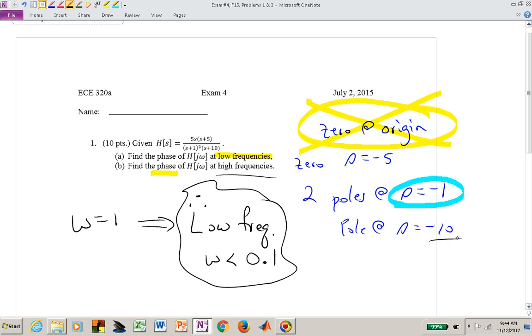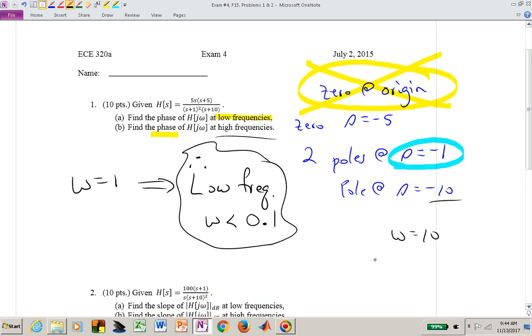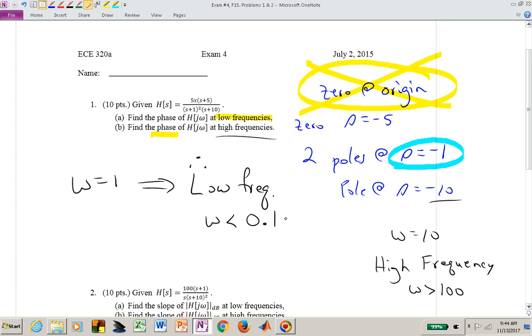In this case, we have omega equal to 10 as our highest pole, so high frequencies would mean omegas bigger than a decade beyond 10, so we need to worry about omega bigger than 100. So that's what we're meaning by low frequencies and high frequencies in these problems.